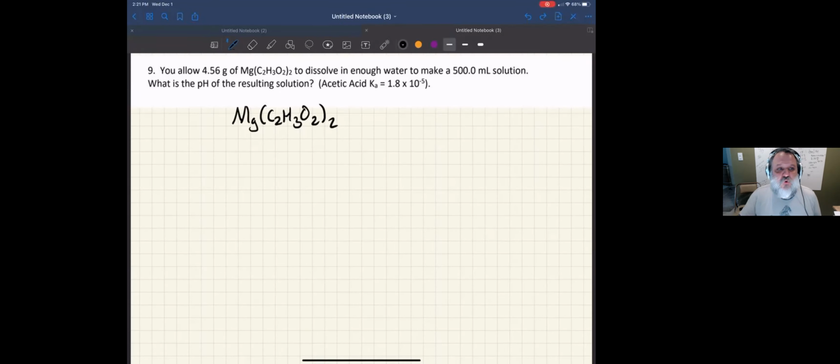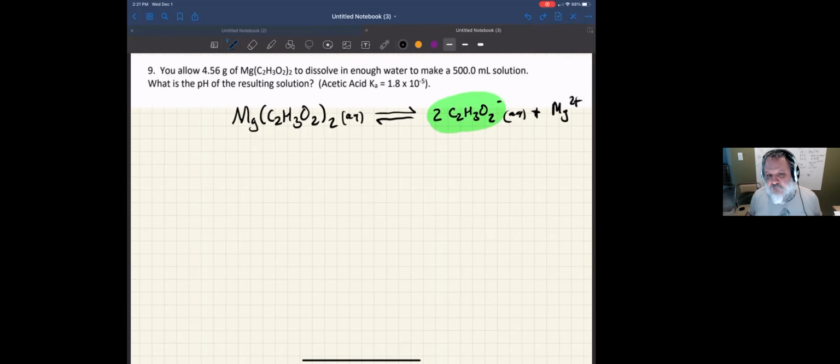And so it says that you're going to allow 4.56 grams of magnesium acetate to dissolve in enough water to make 500 milliliters of solution. So what does that mean? That means you're going to have magnesium acetate and it's going to break apart into acetate ion and magnesium ion, but it's going to do that in this stoichiometric ratio.